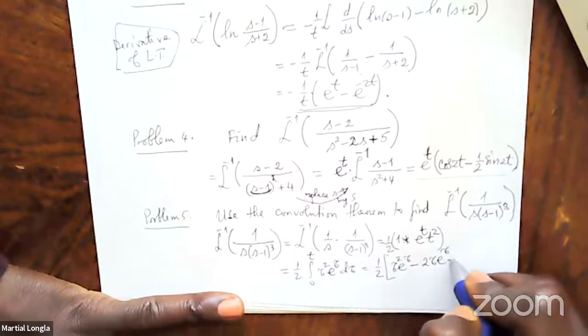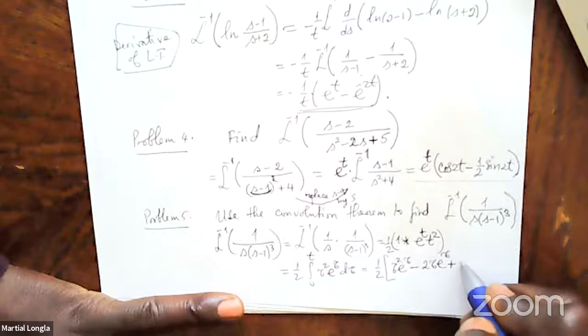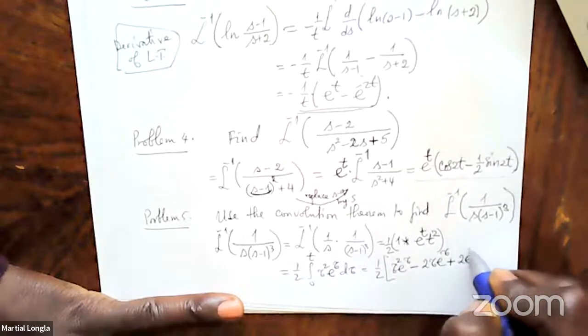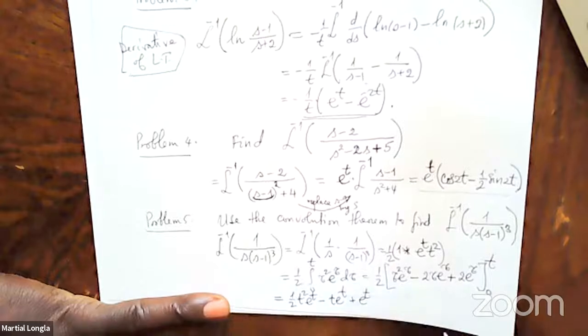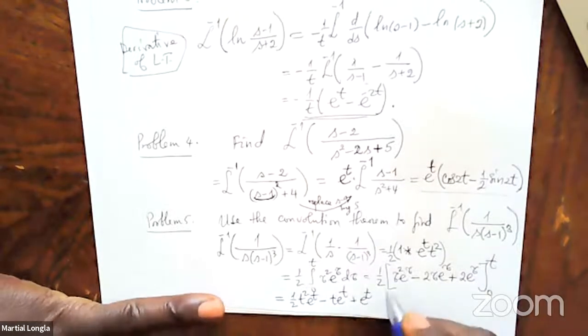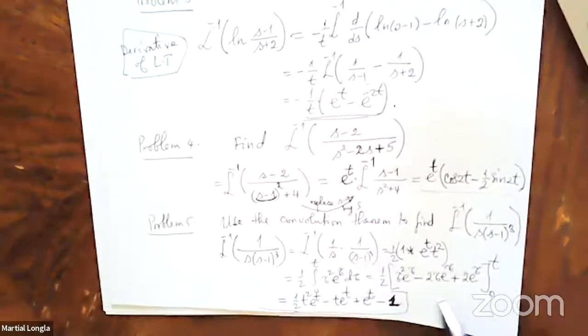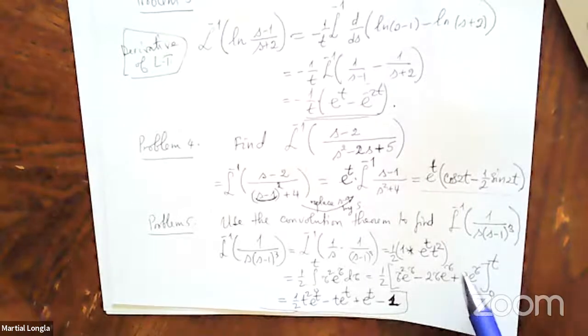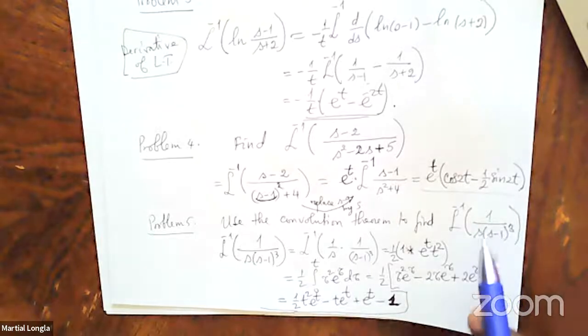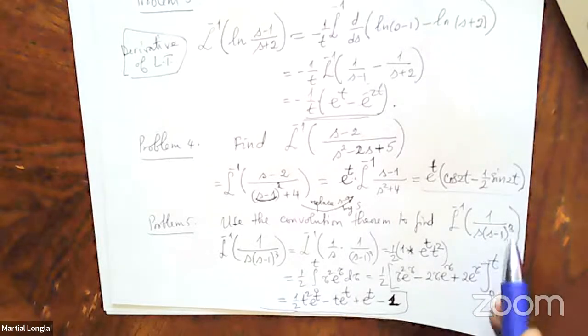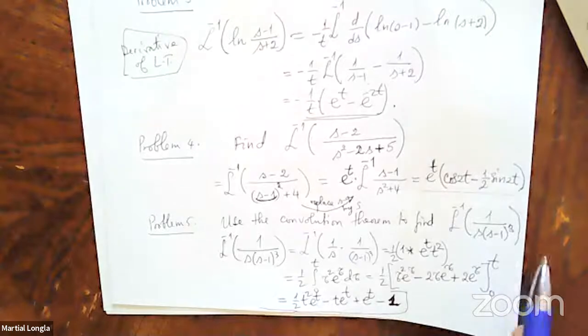Minus minus, that's plus 2 e to the t, and then we plug in 0 and we get minus. If you don't want to do that, you're going to have here partial fractions, a over s plus b over s minus 1 plus c over s minus 1 squared. It saves you a lot of time.